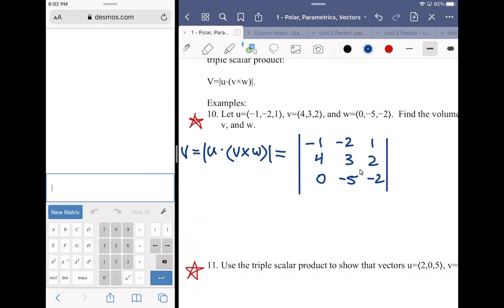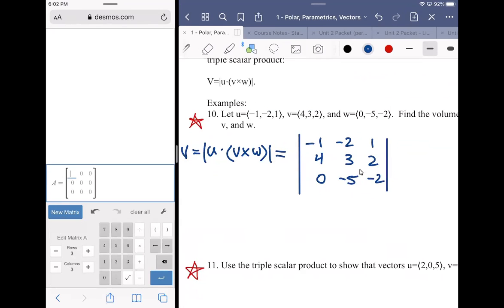But generally speaking, if I give you 3 vectors, it's not going to be a trick question. These are the vectors that make up the corner of a parallelepiped. So it's just a matter of putting it into our Desmos calculator, the gift that is Desmos.